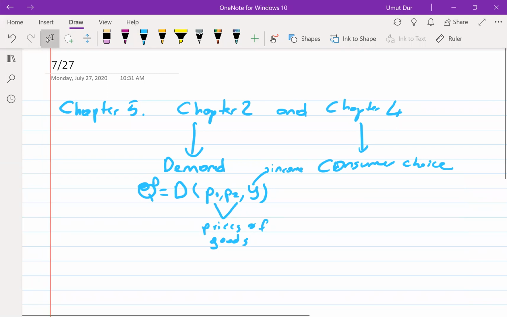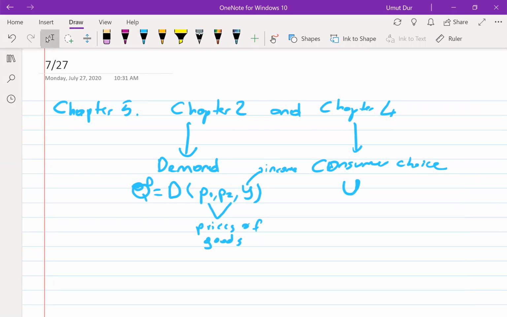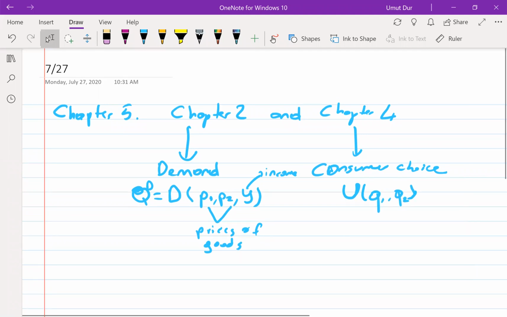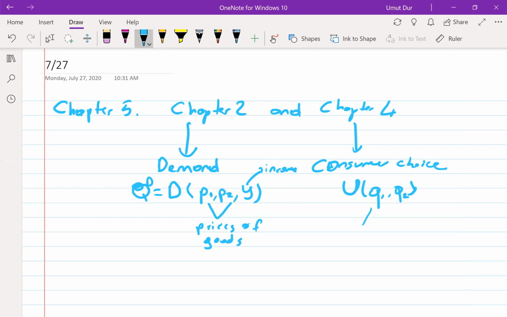And in the consumer choice, we were given a utility function with two goods, and these goods have prices, and then you have the budget constraint.